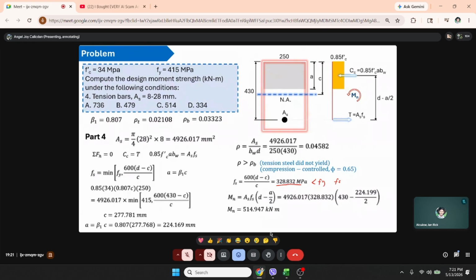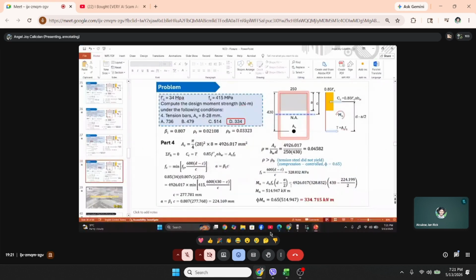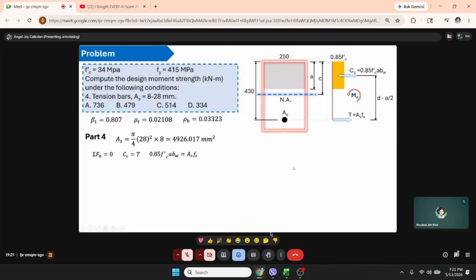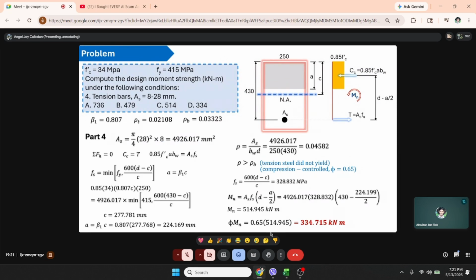So we have Mn is 514.945 kilonewton meter. Times phi of 0.65. So our final answer is 334.715 kilonewton meter. Letter D.